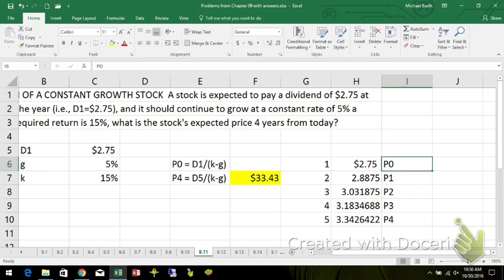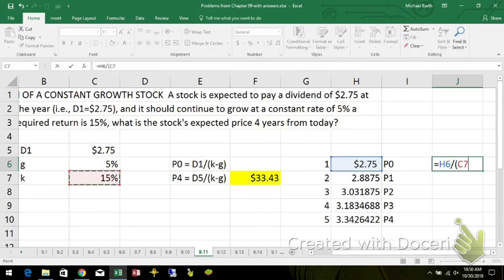what the price would be, the price today ought to be $2.75 divided by the rate of return minus the growth portion.